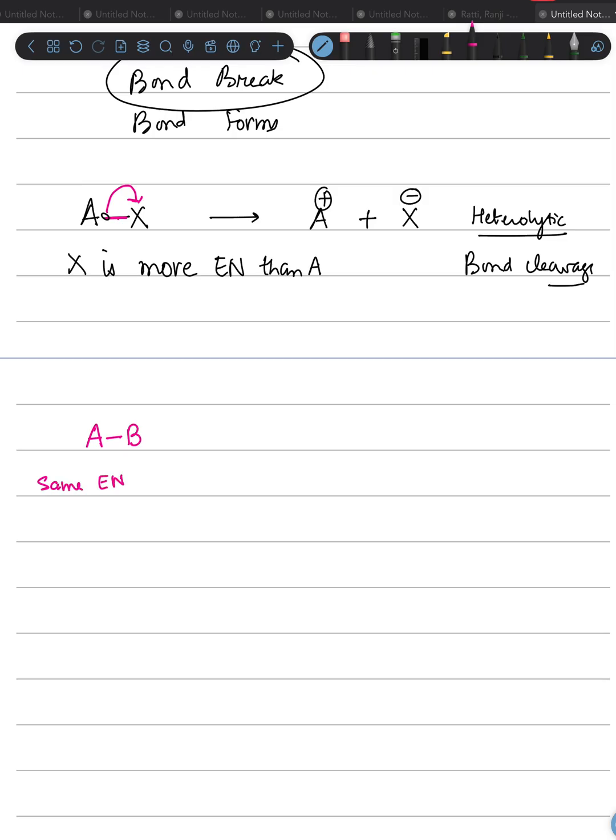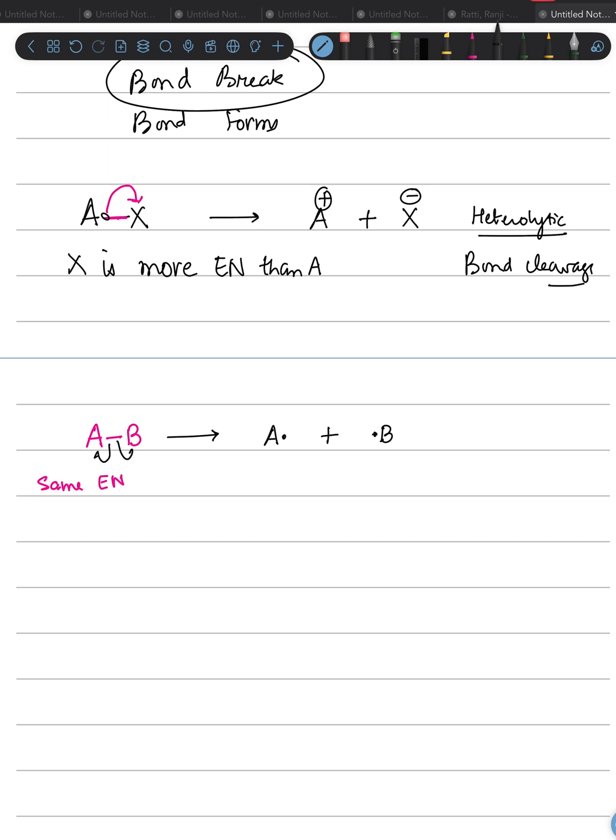So the shared pair of electrons is shared equally between A and B. In such a case, if you create suitable reaction conditions and the bond breaks, then each of the atoms takes away its own shared electron.